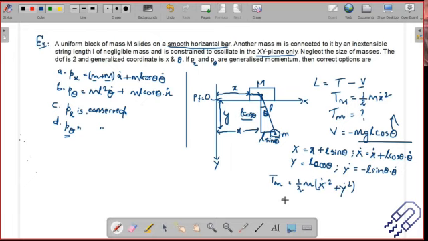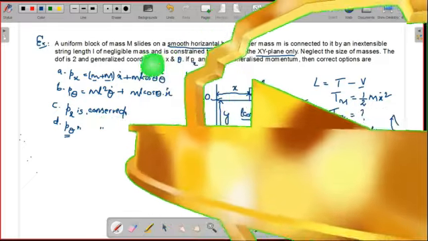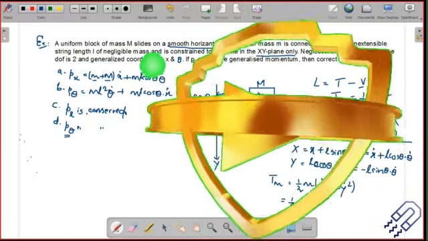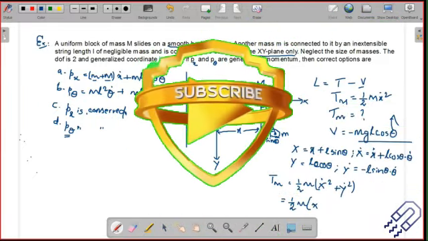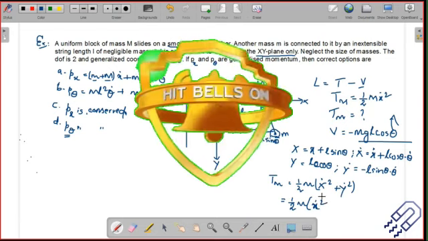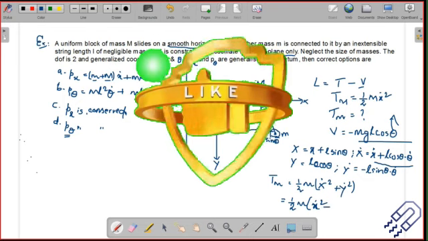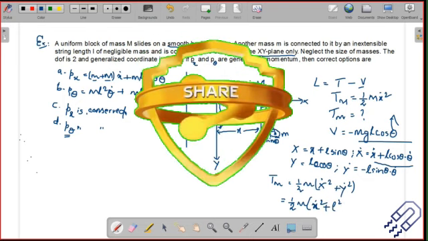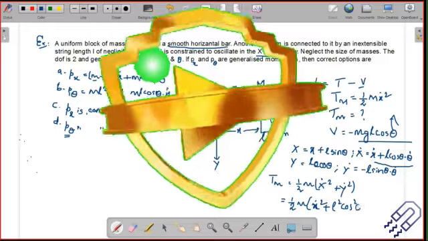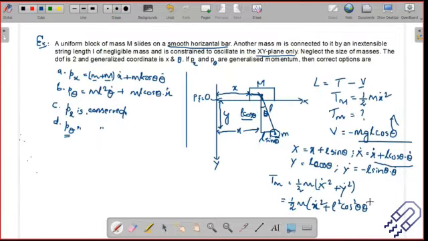So we have half m, and expanding x dot square we get capital X dot square plus L square cos square theta theta dot square plus 2 X dot L theta dot cos theta.